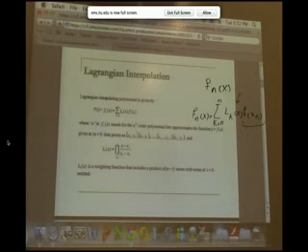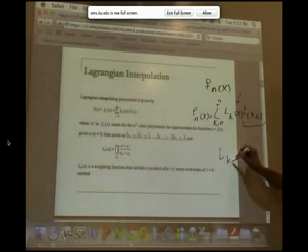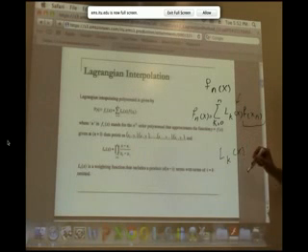But for defining what lk of x is, you simply define it as follows.